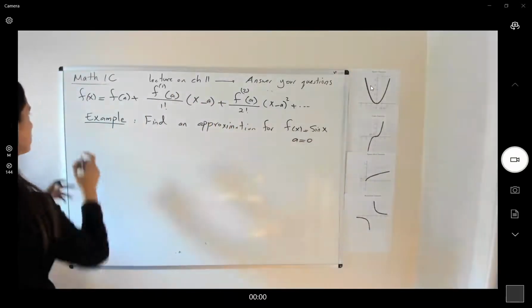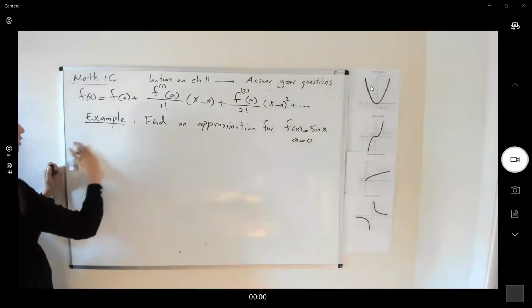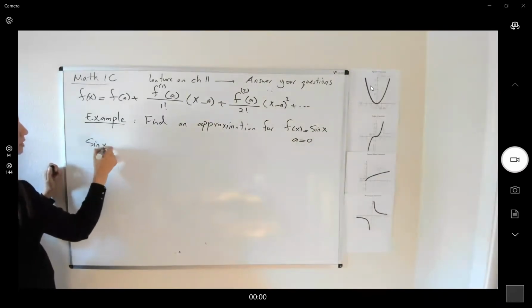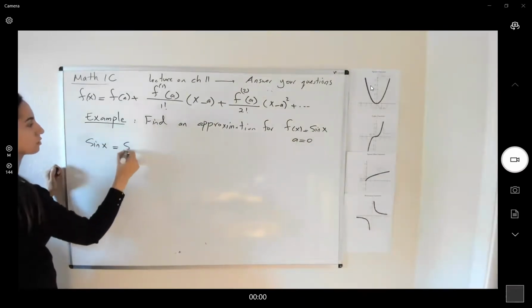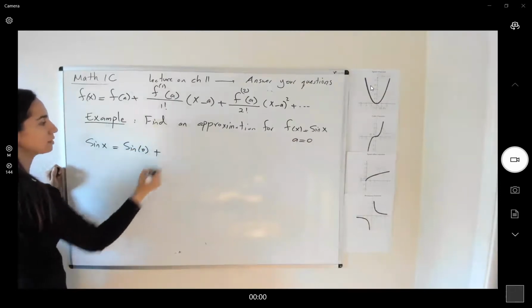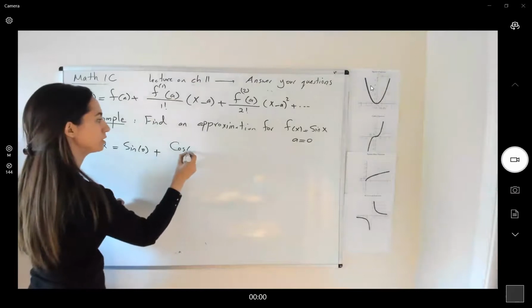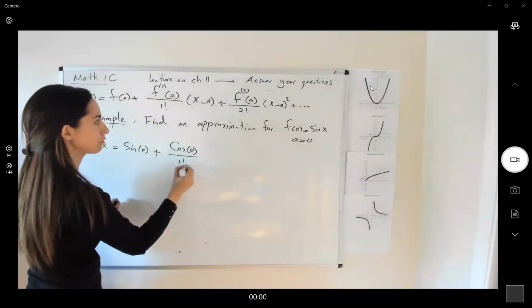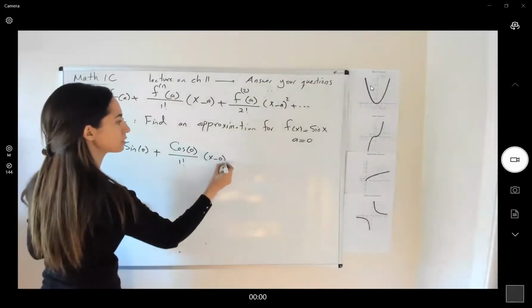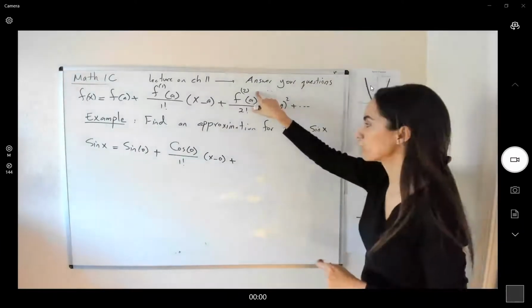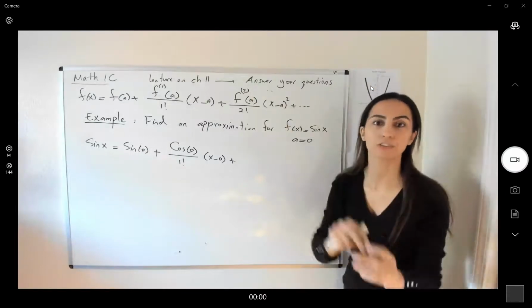There you go. So f of x, or sine of x, is equal to sine at 0 plus the first derivative of sine, which is cosine at 0, divided by 1 factorial times x minus 0, plus the second derivative of the function. The second derivative is the derivative of the first derivative.